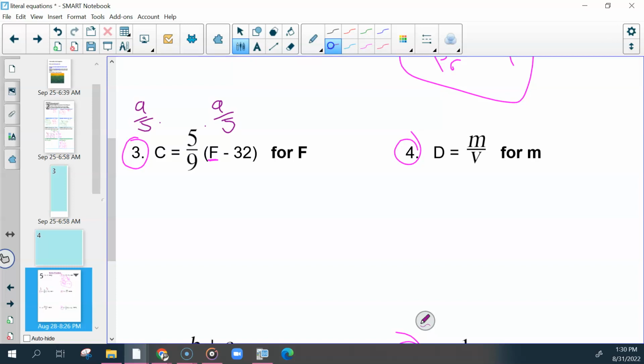Then this would cancel because you have 45 over 45, which is 1. This will become 9/5 C. Because this fraction is no longer here on the right side, we can drop our parentheses. Then to get f by itself, add 32.